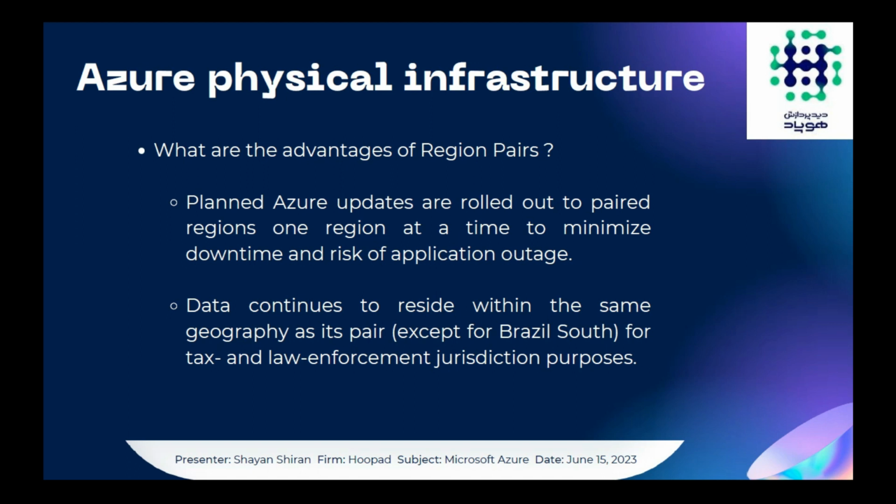And the other one is that data continues to reside within the same geography as its pair, except for some specific regions. We can see what these regions are, but it's not necessary for us right now. The data continues to reside within the same geography as its pair for tax and law enforcement jurisdiction purposes.